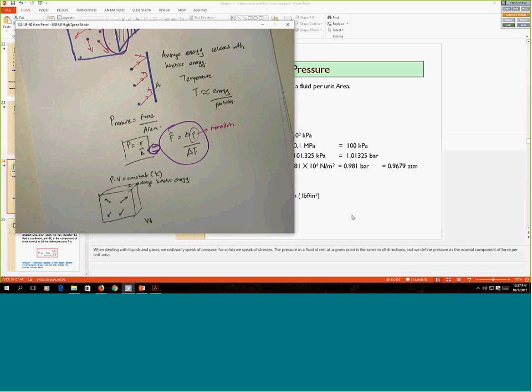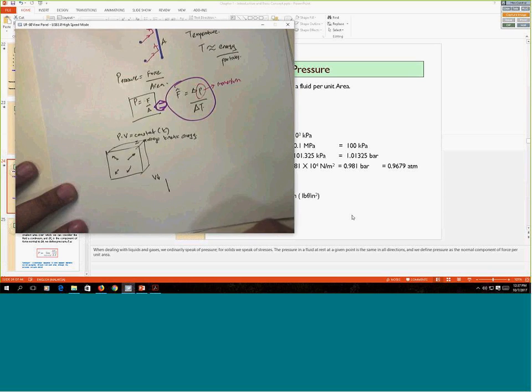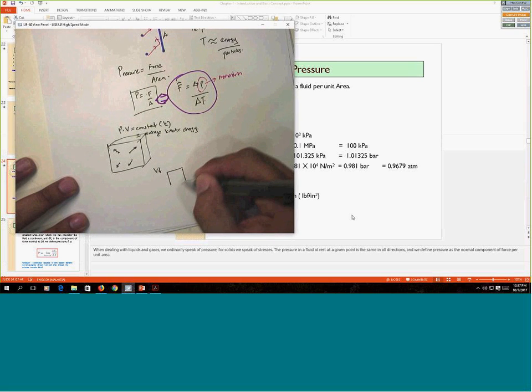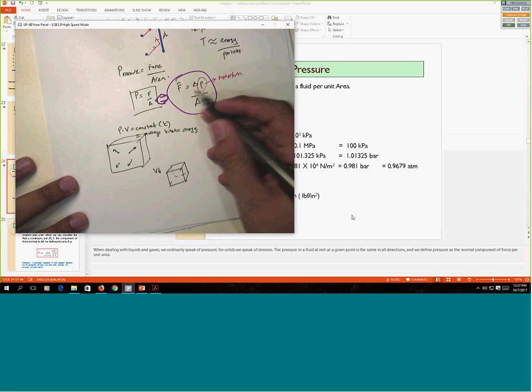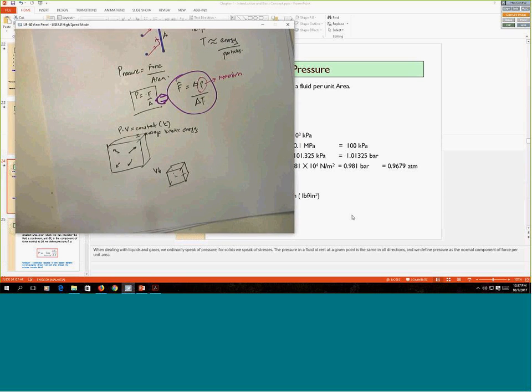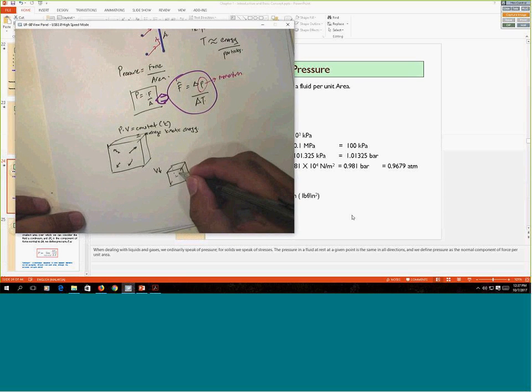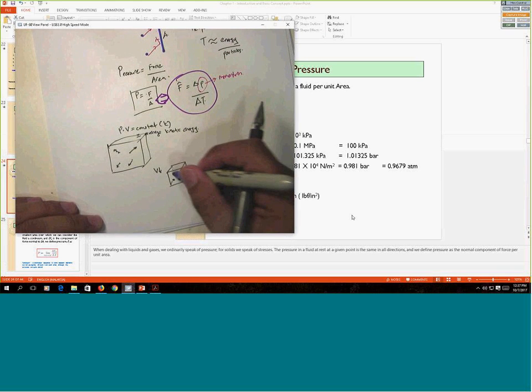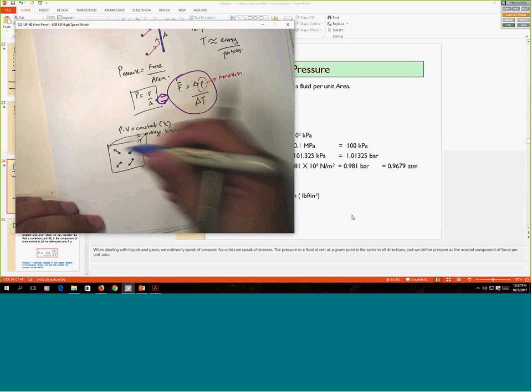Now, let's say the volume is reduced to a smaller one, but with the same amount of kinetic energy. What will happen is the momentum will be increasing. The collision between the particles will be higher.